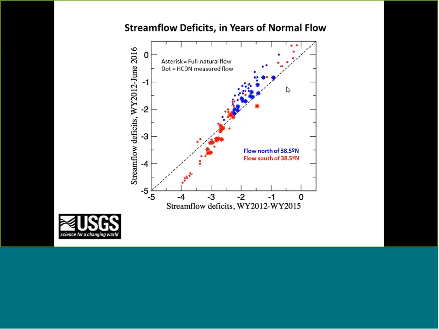The dashed line is the one-to-one line, so any dots above that have actually improved their deficit situation over the course of this year.